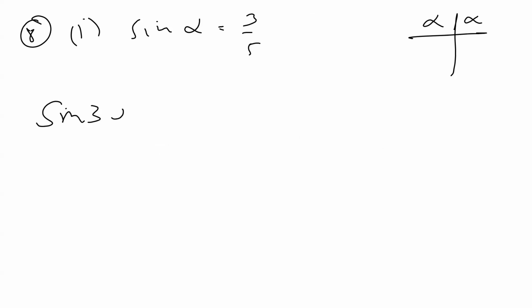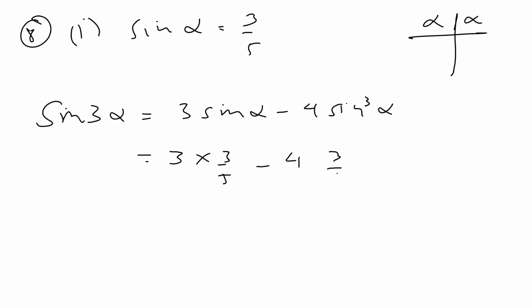Sin 3 alpha, direct formula, 3 sin alpha minus 4 sin cube alpha. So 3 into 3 by 5 minus 4 into 3 by 5 the whole cube. 9 by 5 minus 4 into 27 by 125. Okay.